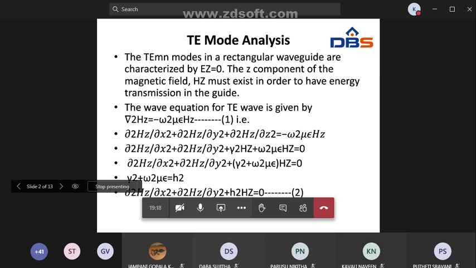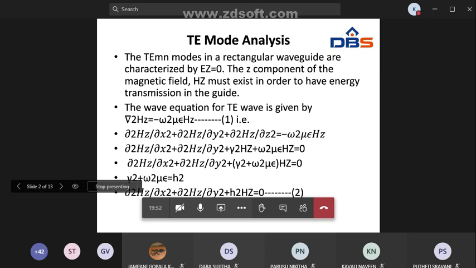Then it becomes ∂²Hz/∂x² + ∂²Hz/∂y² + γ² Hz, and this ω²με Hz equal to 0.